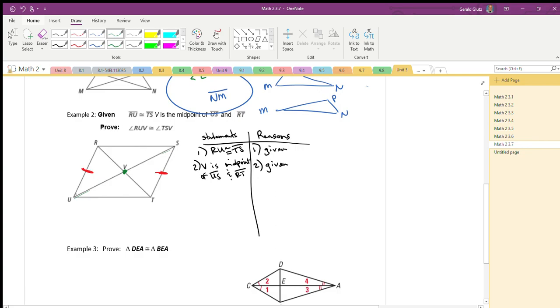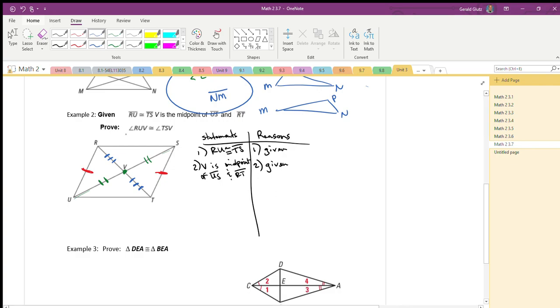If that's right in the middle of U and S, that means that this line segment, UV, has to be the same as VS. And if V is the midpoint of RT, V has to be right in the middle of R and T, which would mean that these two lengths have to also be congruent if V is right in between them. So now we have a lot of sides that are congruent here.